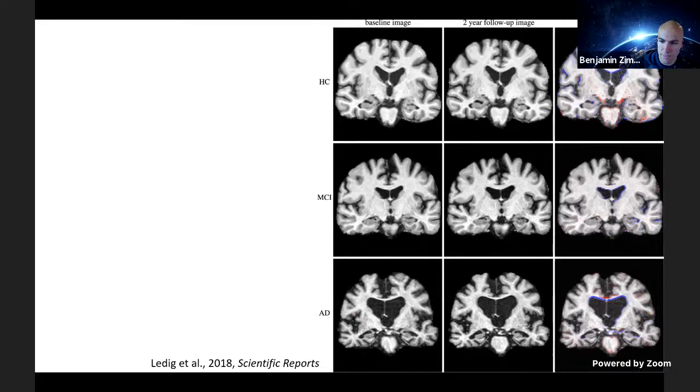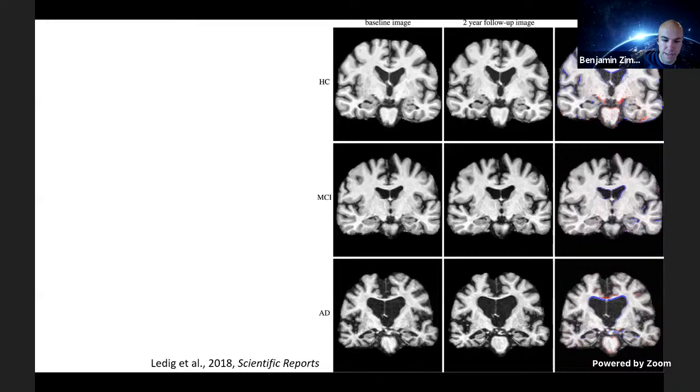And then in the columns, they're showing images like a baseline image, an image taken 2 years after that baseline image. And in the third column, they're highlighting where there's differences between the two images in these blue and red colors. So blue represents decreases in volume and red represents increases in volume.